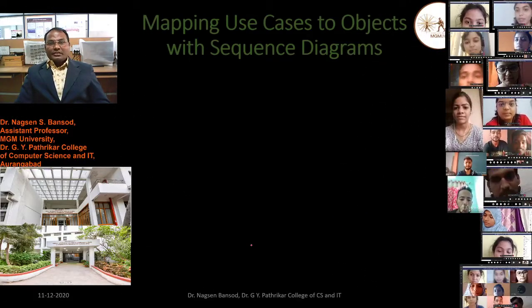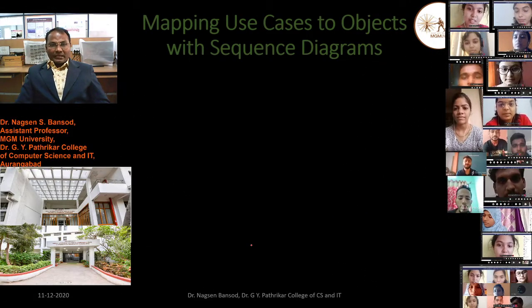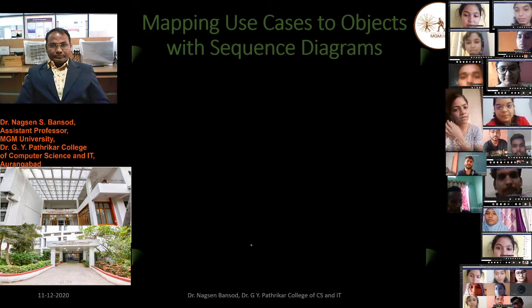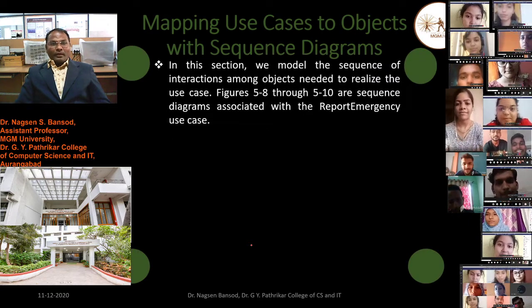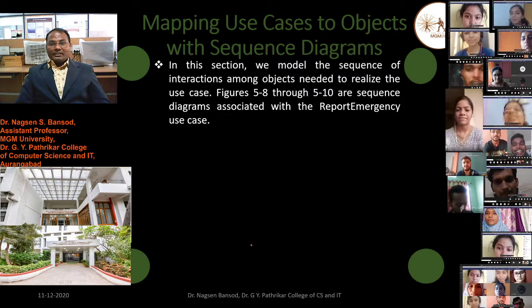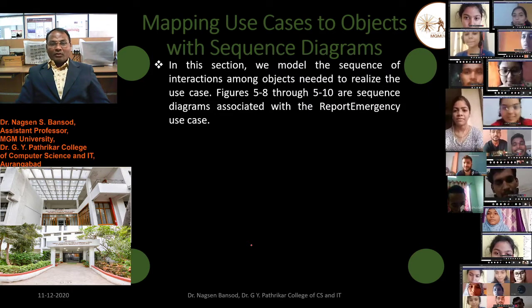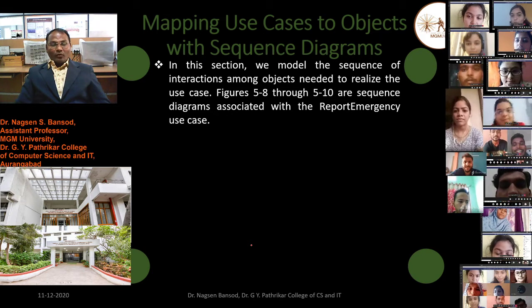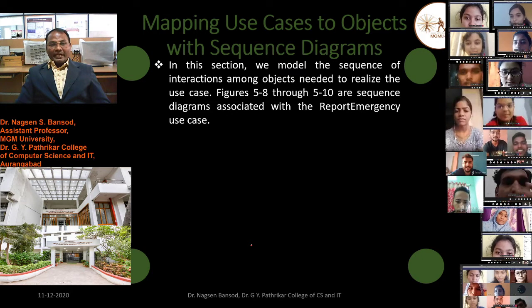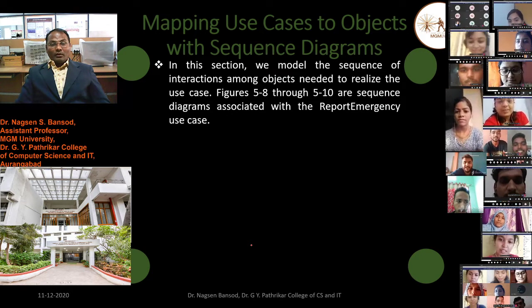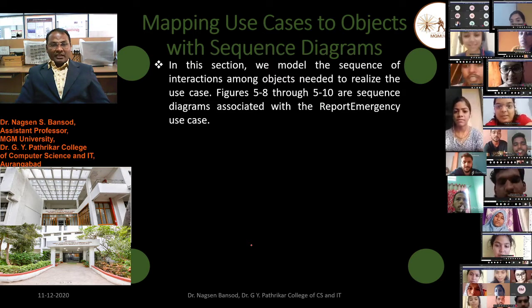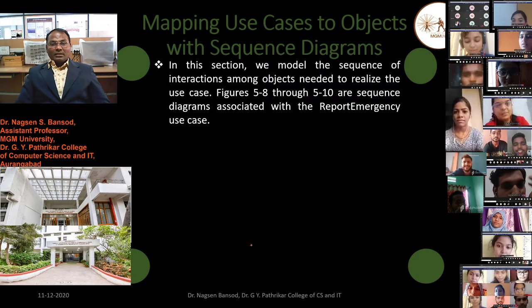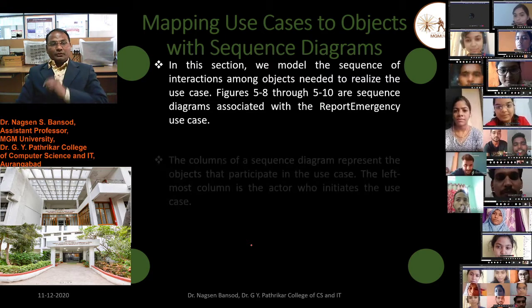Mapping use cases to objects with sequence diagrams. In this section, we model the sequence of interactions among the objects needed to realize the use case. We will see that figures 5.8 through 5.10 are sequence diagrams associated with the report emergency use case.